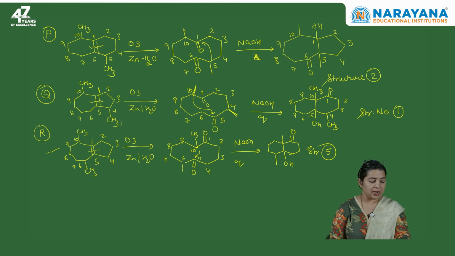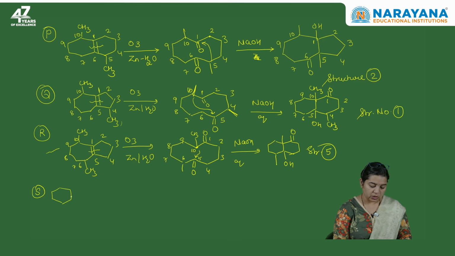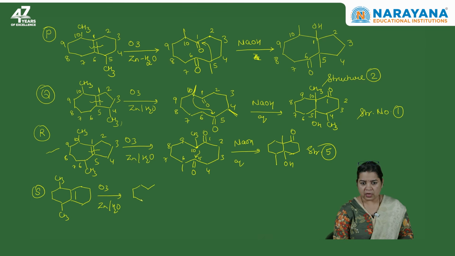Now moving to the last one, that was S. S is two 6-member rings. So this is a little modification from your P option. Same thing: ozone, zinc, water, but the positions are the only concern, right?